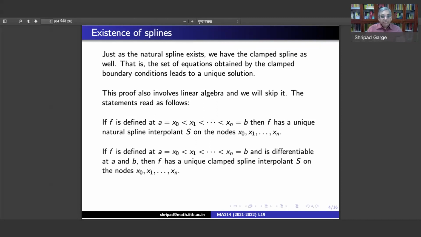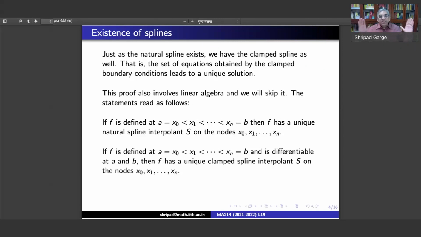So once again, the second statement reads that if your function is defined on these n plus 1 nodes, a equal to x0 less than x1 dot dot dot less than xn, which is equal to b, and you have some information on the derivative values, then this function will admit a unique clamped cubic spline interpolant S on the given nodes x0 up to xn.